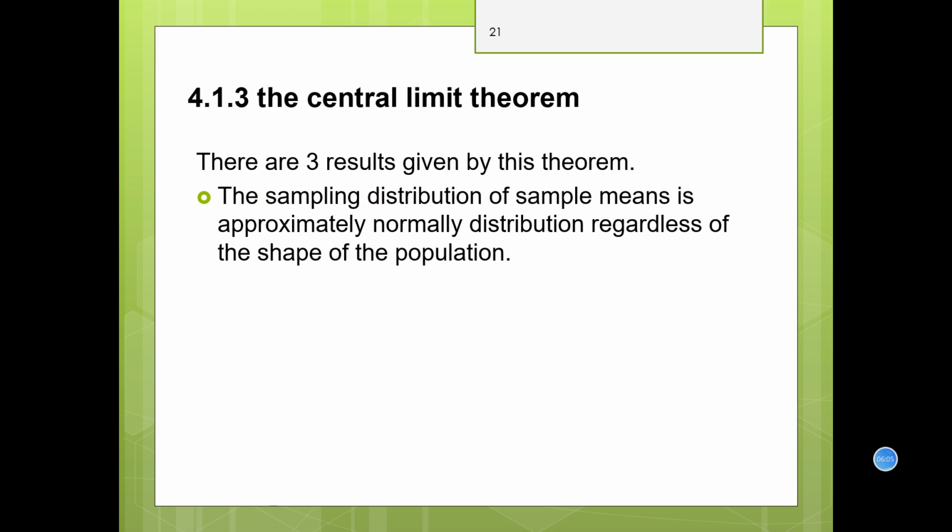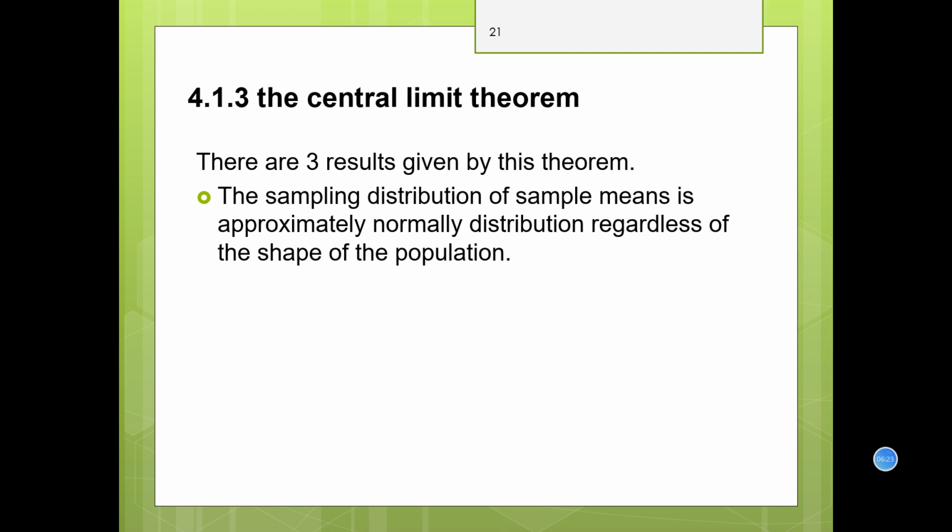Okay, so the last result which we can get from the central limit theorem is that the sampling distribution of sample means is approximately normally distributed regardless of the shape of the population.